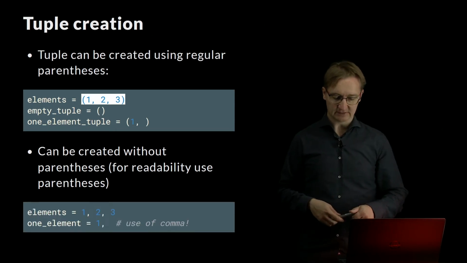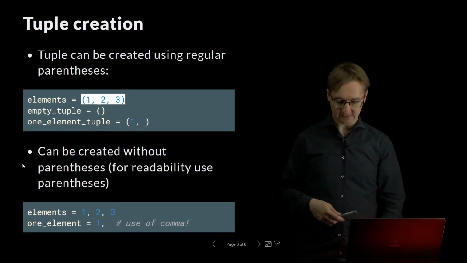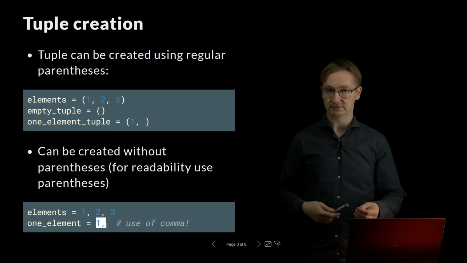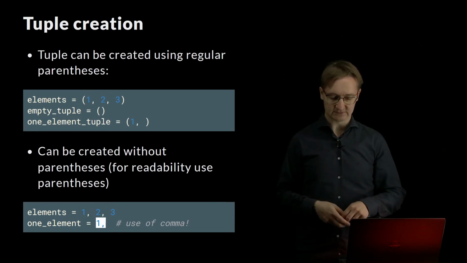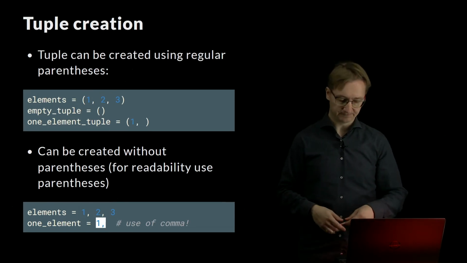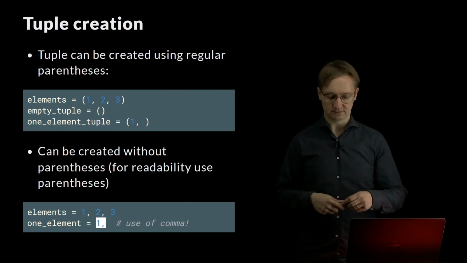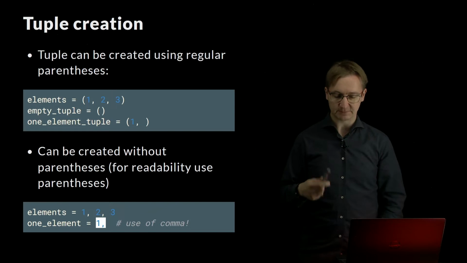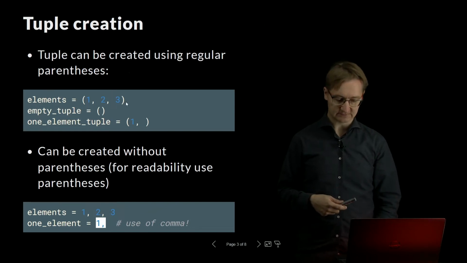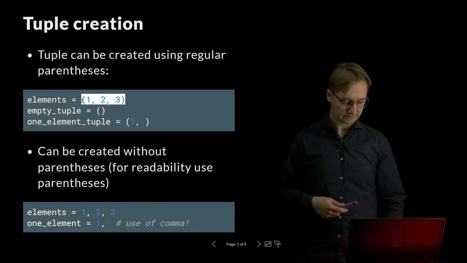And especially in the second line here, you have to add this comma also, because otherwise there's no difference whether it's number 1 or whether it's a tuple. So yeah, we recommend to use parentheses for tuples, as is shown here.